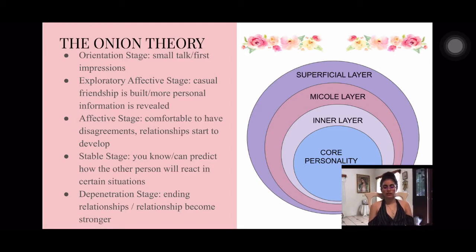Either your relationship is already at its strongest point, so y'all have a connection that's not going to break, or the relationship starts to end because y'all don't talk to each other anymore, there's nothing new to explore or find out about the other person. So here it can go either way.